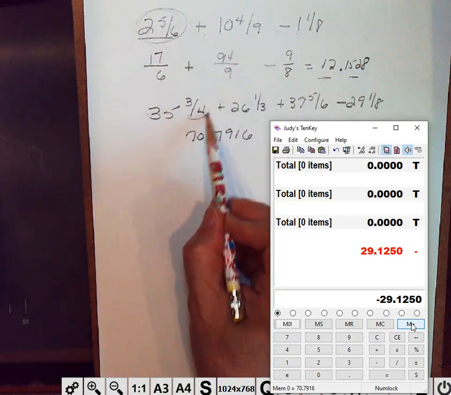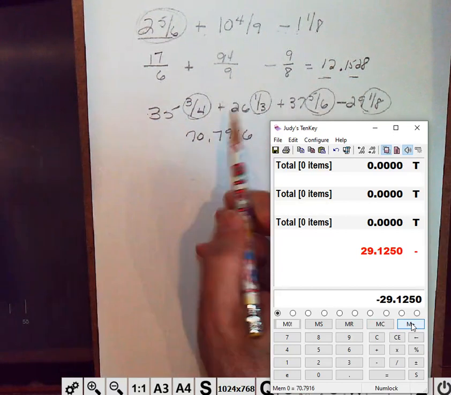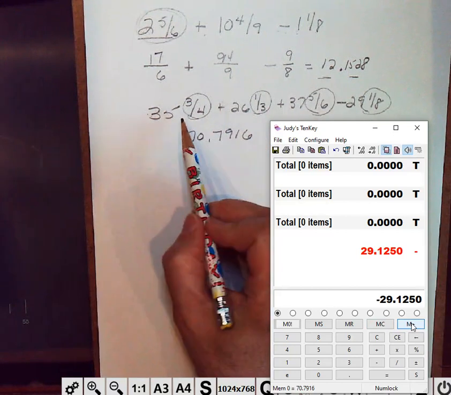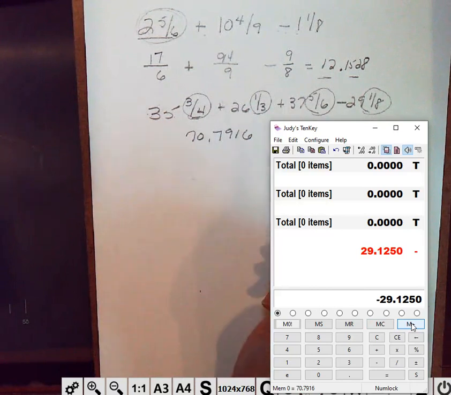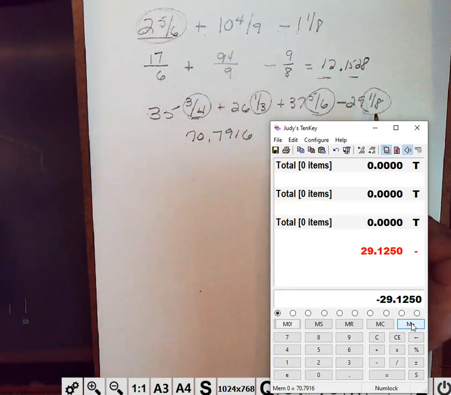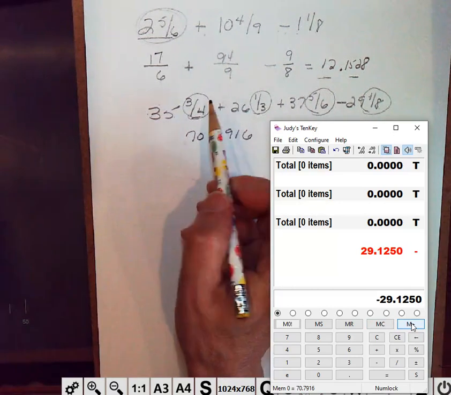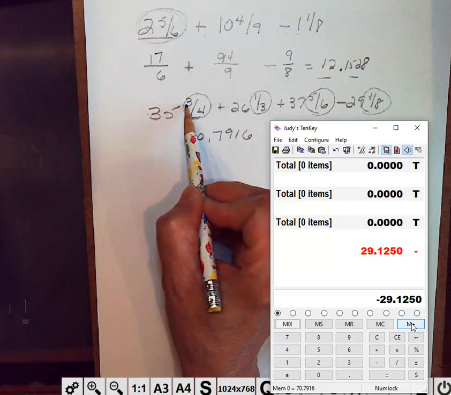If you know these, you can work it out by putting the whole number, the decimal number, into memory. If you don't know it, you'll need to figure out what that fraction is. Again, I could take 4 times 35, add it to 3.